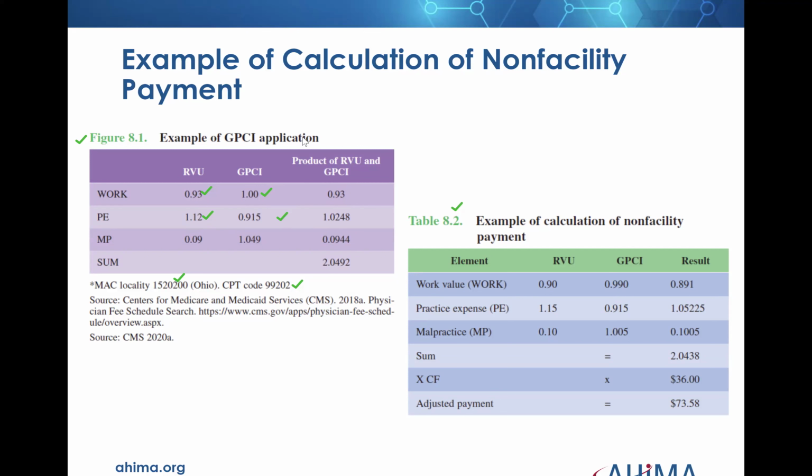Over here in 8.2, we calculate the non-facility payment. So in this, we have work value of 0.90 for an RVU. We have the GPCI at 0.990. So we wind up with 0.891.